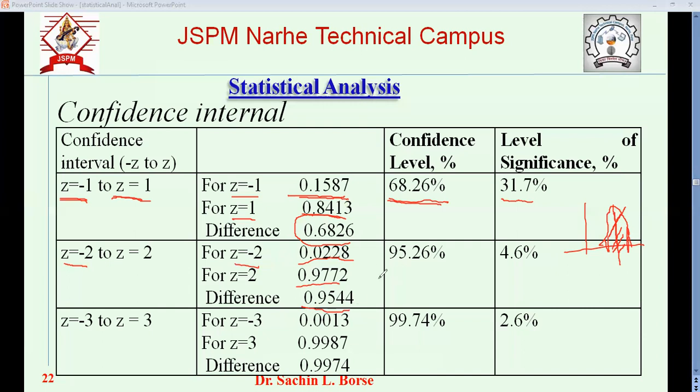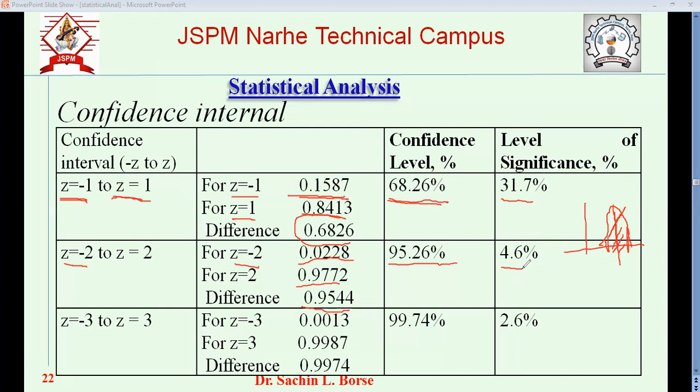These are the chances that a reading will lie in that particular zone: 95.26%. So what is the percentage that it will not lie in that area? It is a 4.6% chance.